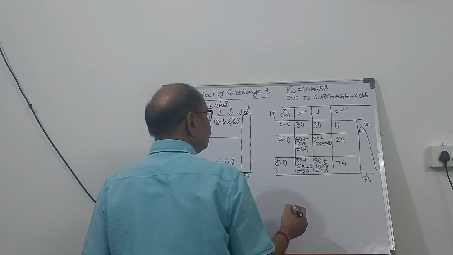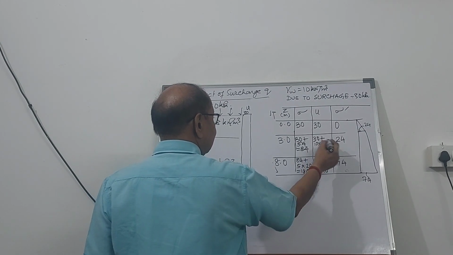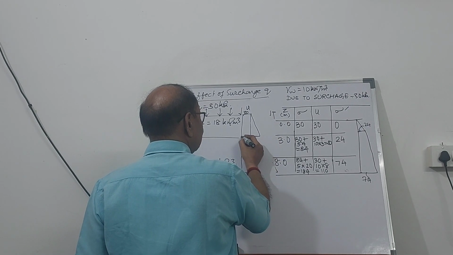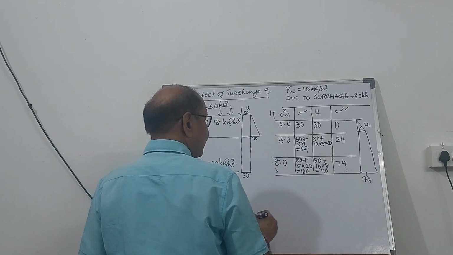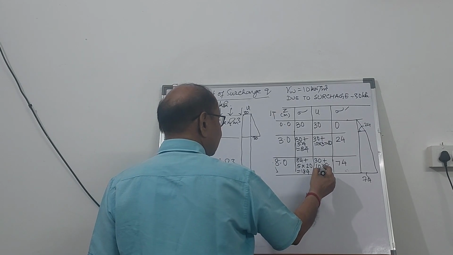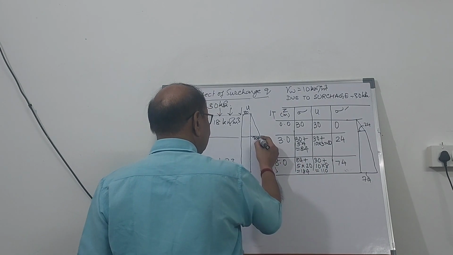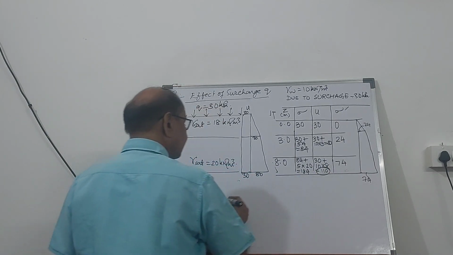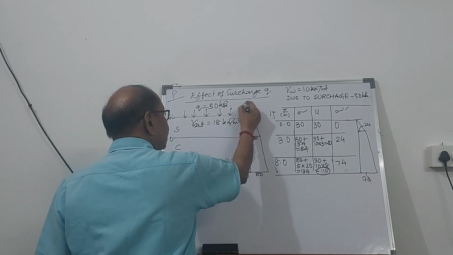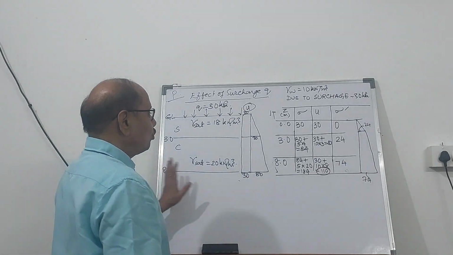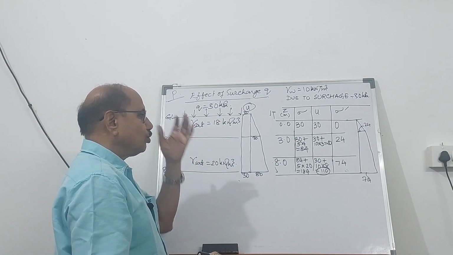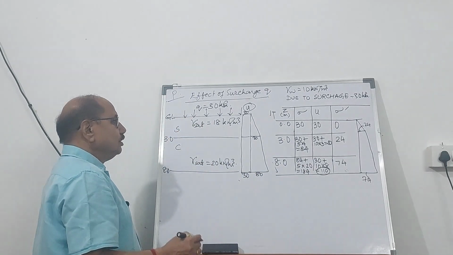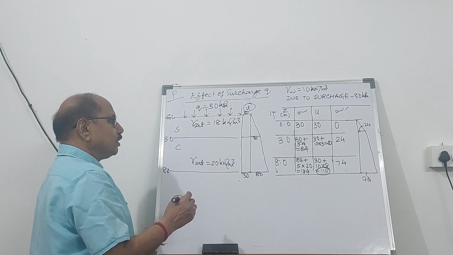So throughout, due to surcharge, and then at 3 meter it becomes another 30, so 30 plus 30, 60, and at the bottom 30 plus 80, it becomes 110. So there is the variation of pore water pressure. So pore water pressure variation, effective stress variation and total stress variation can be shown. This is how you can attempt this particular problem.